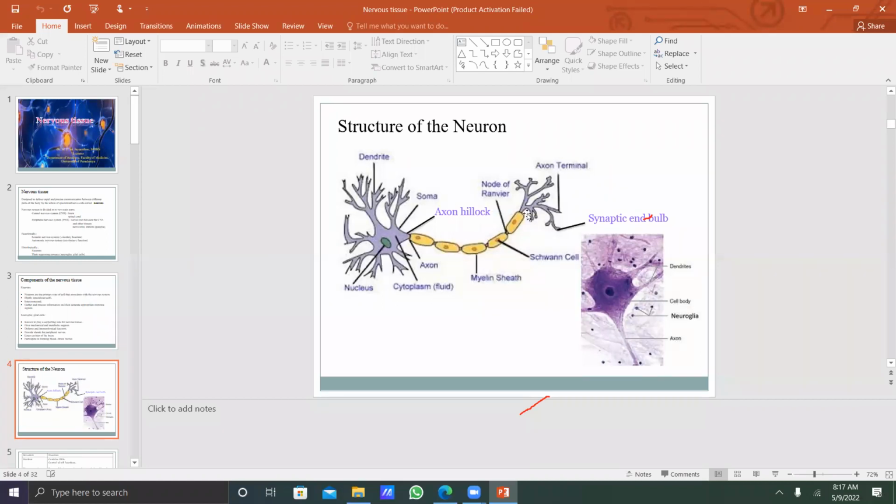The end of the axon is divided into small processes. The ends of these small processes are called the axon terminals. At the end of the axon terminal, we can see the synaptic end bulb.